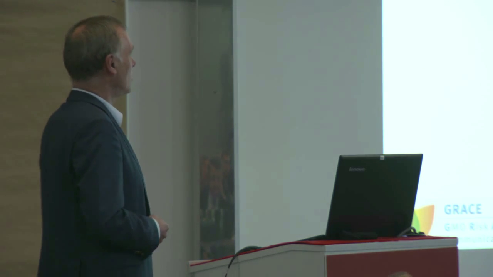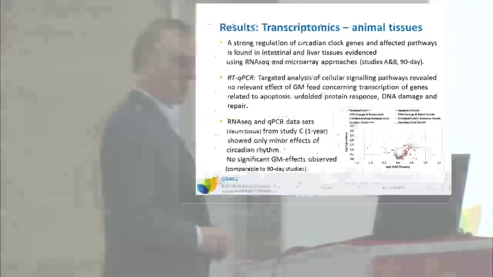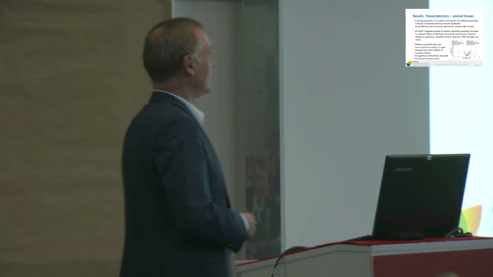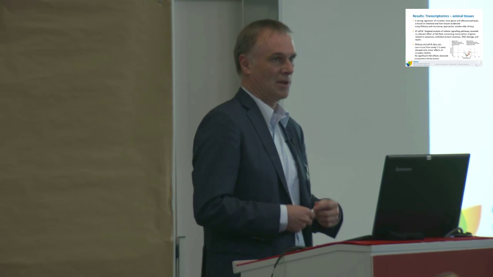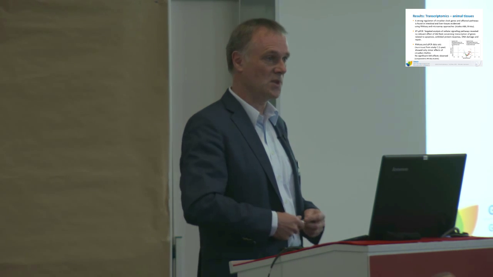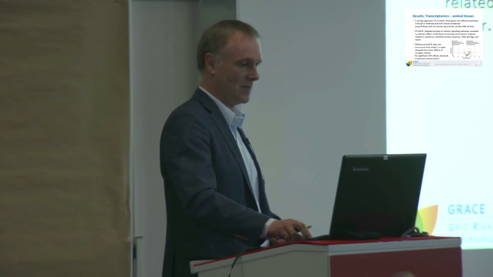To summarize our holistic approach, a strong relation of circadian clock genes has been analyzed if we look at the intestinal and liver tissues from our 90-day studies, A and B, and the 1-year study. This is a different approach. So we only see in this study design that we are directly depending on the time of sacrifice, that we see some regulated genes there by using the RNAseq and microarray data.